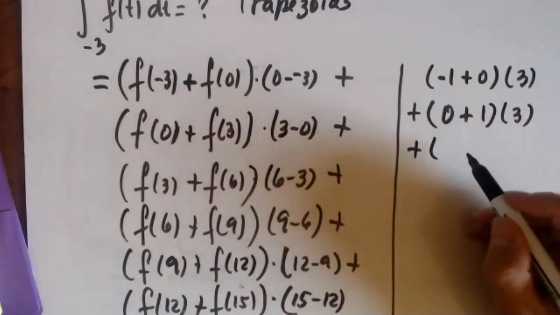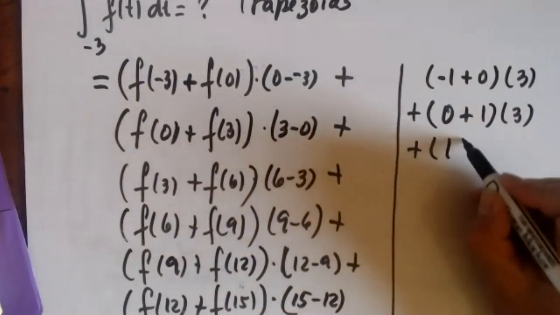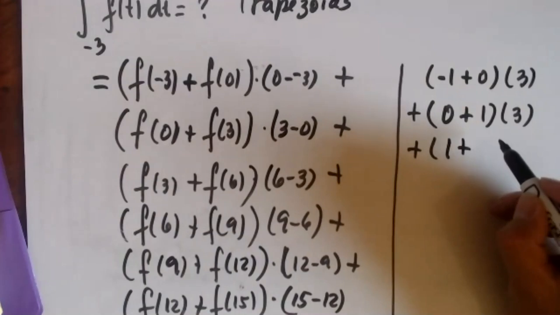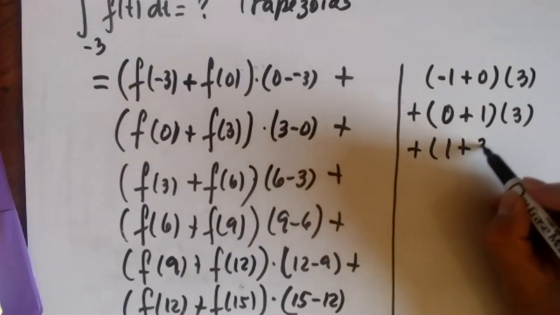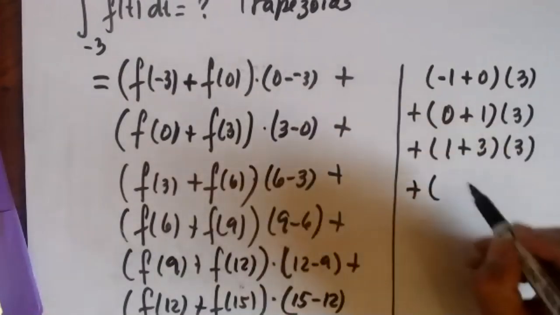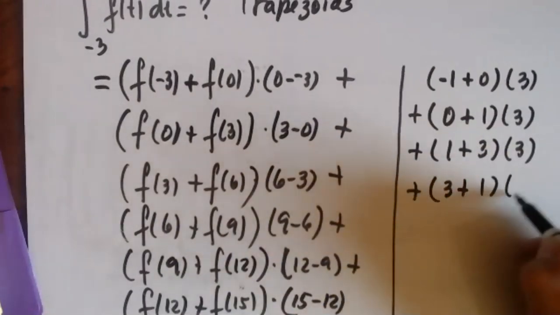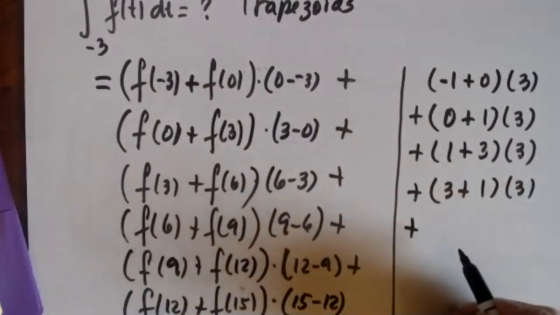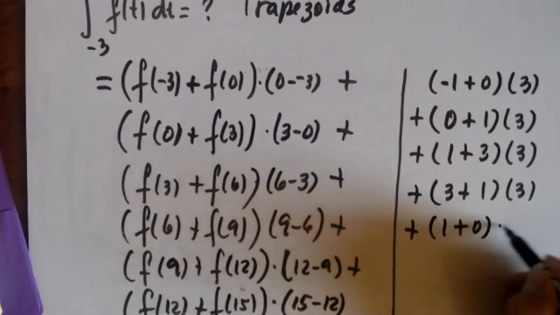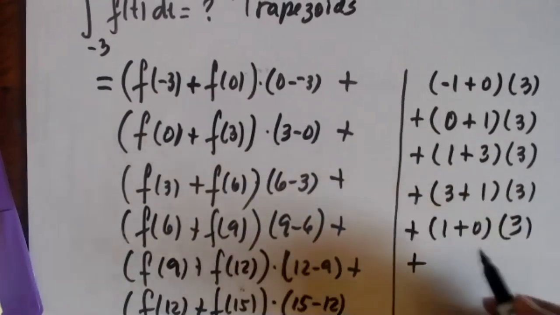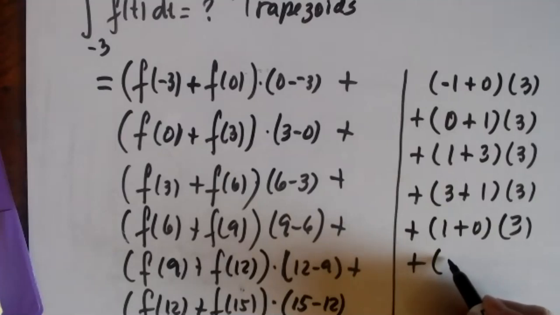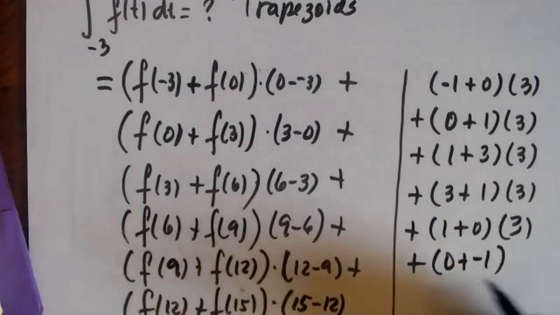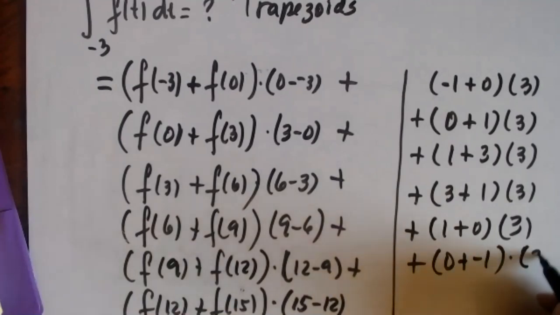Plus the next, which is 1 plus 3, times 3, plus 3 plus 1, times 3, plus 1 plus 0, times 3, and the last one is 0 plus negative 1, times 3.